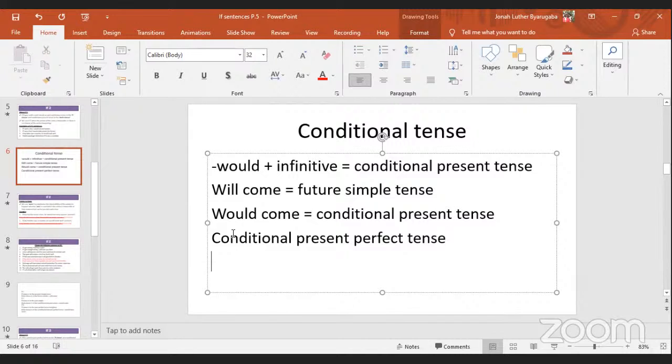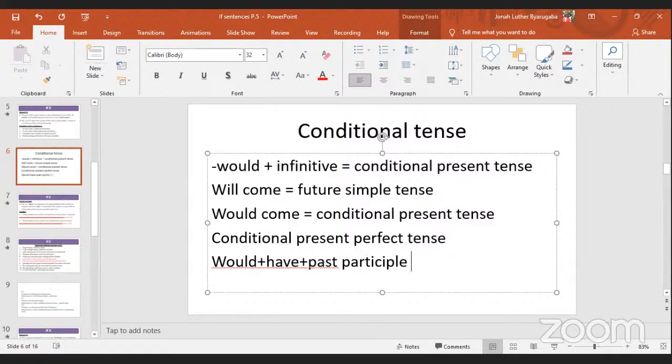Now, how do we make conditional present perfect? We have the word would. From the word would, we add have, then plus the past participle.